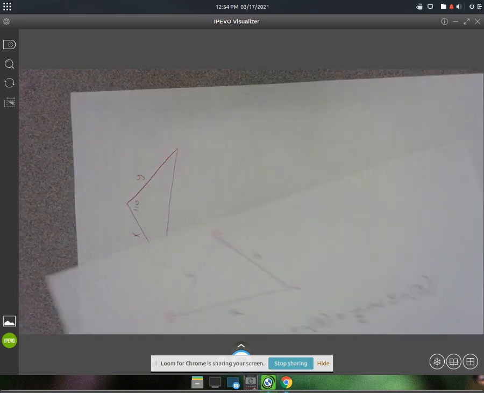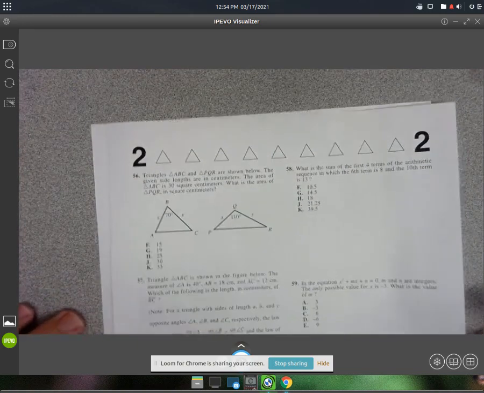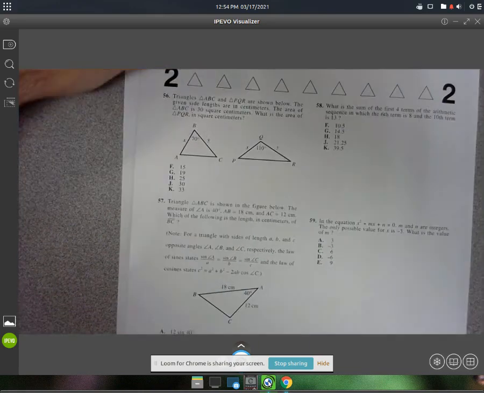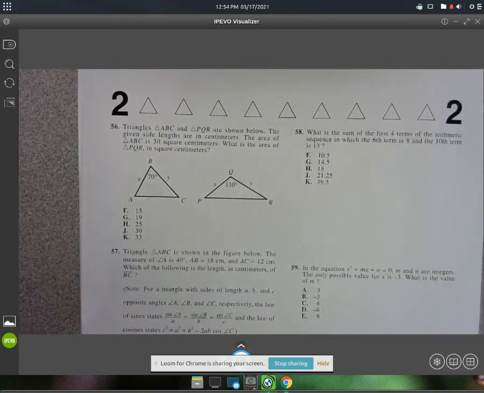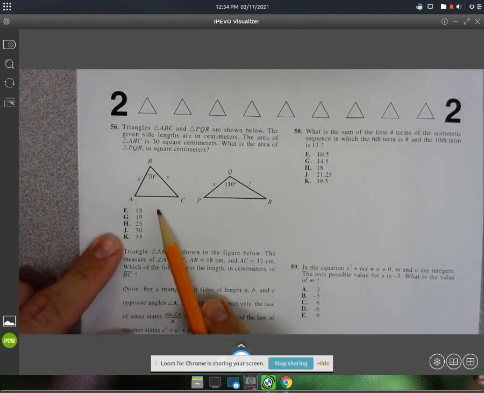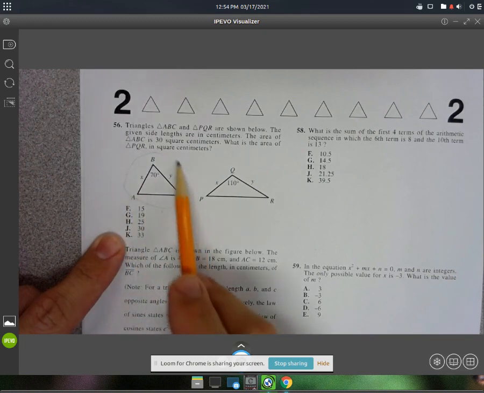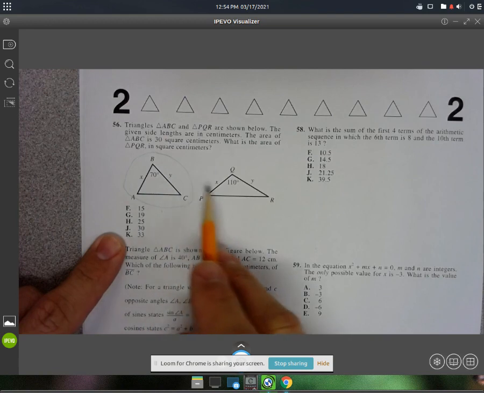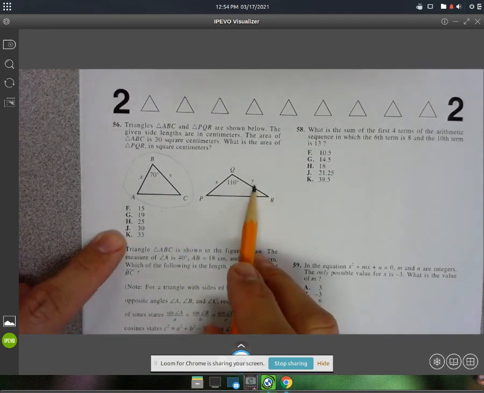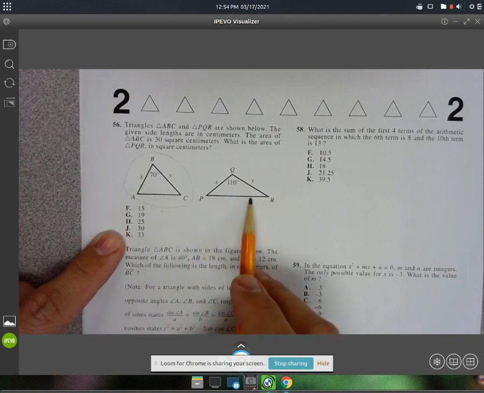Okay. What I want to look at here is a little ACT question related to the law of sine, not the law of sines, geez, the sine area formula. I've got two triangles here, and it tells me in the problem that the area of this one is equal to 30. x and y are constant on both of them, so you've got the same length of those two legs, but the length of the base here is changing.